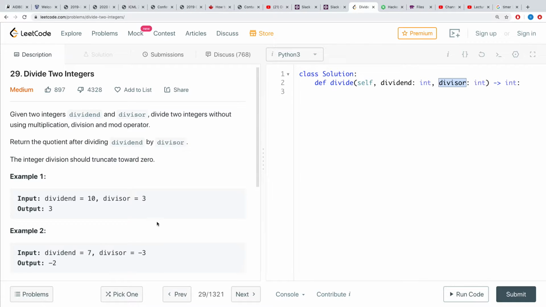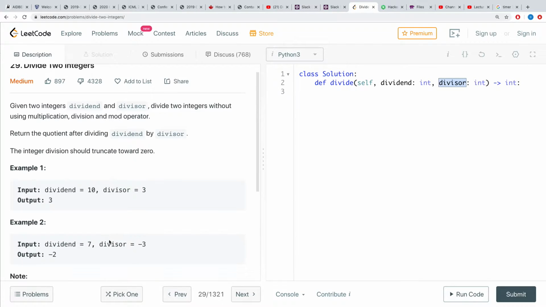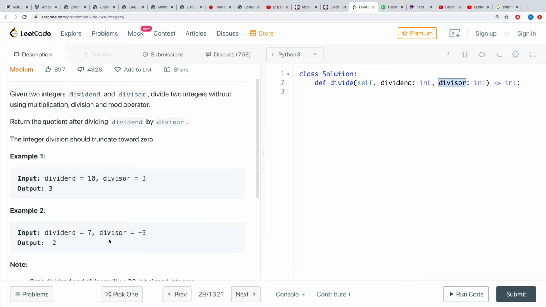So just truncate that. 7 divided by minus 3 gives minus 2, remainder 1. How can I do this?